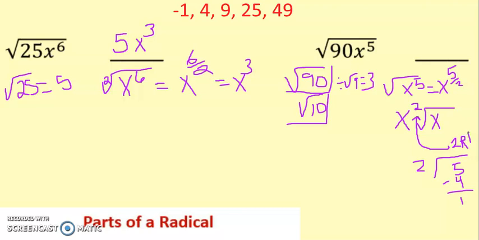On the inside we have 1 of them. x squared, square root of x. That's x to the 5th. So let's put them all together: 3x squared times the square root of x. So our simplified radical is 3x squared square root of x.